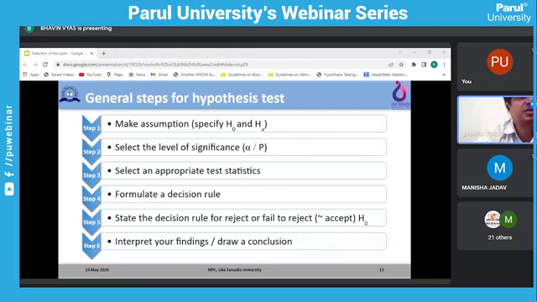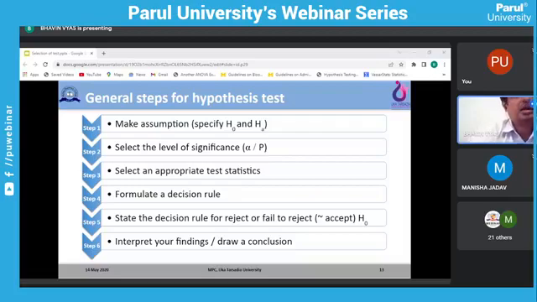So generally these are the steps you need to take when doing hypothesis testing. First, specify your alternative hypothesis and null hypothesis. Then select the significance level, that is alpha, always at 0.05. Then the important thing, the second part of my webinar, the selection of the appropriate test.